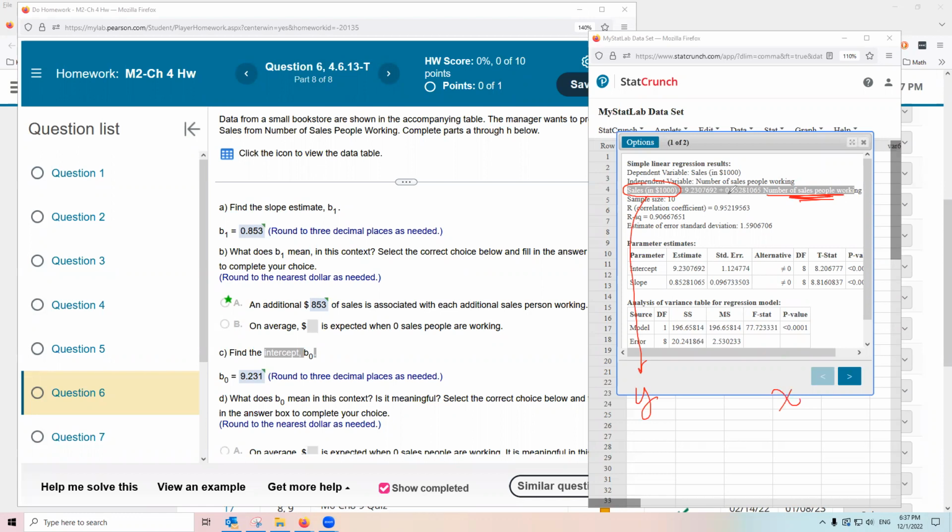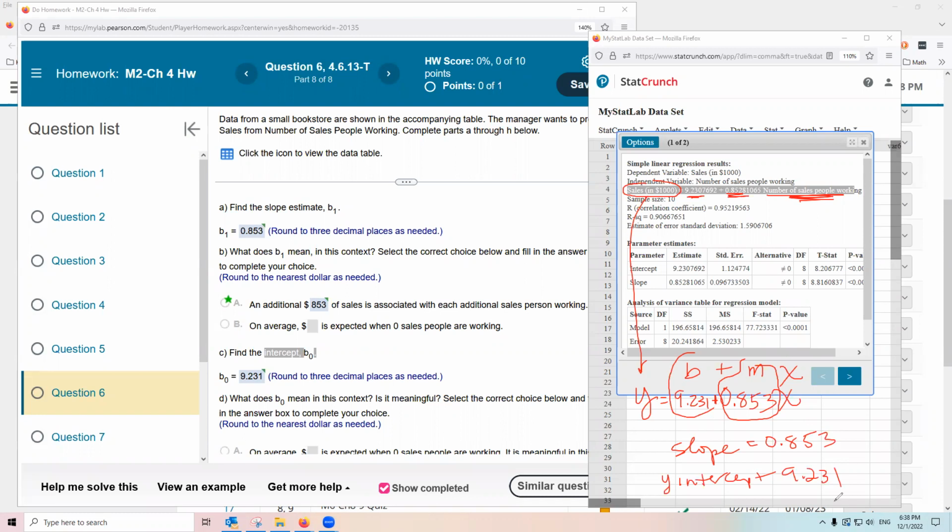And so the number in front of x is 0.853. And this number in front here is 9.231. Well, if you compare this, this looks like b plus mx. So our slope here is 0.853. And our y-intercept is this b number, 9.231.